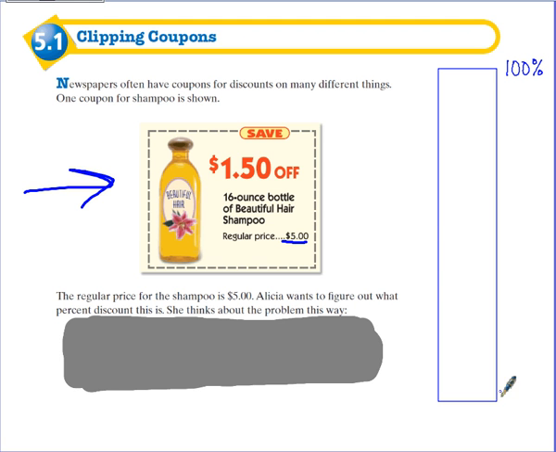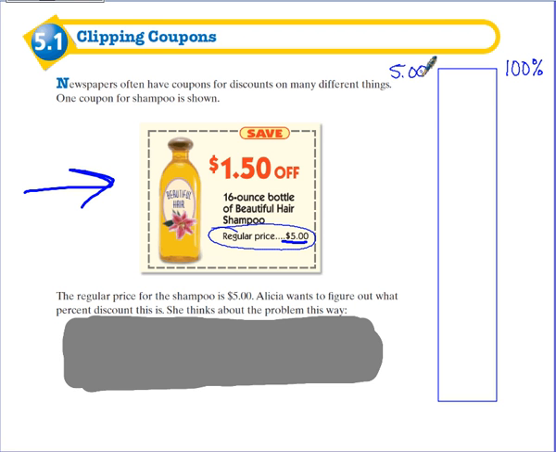Now, I'm not really going to label my 0% because 0% really isn't that useful right now. 0% is going to be 0, so that doesn't really help me. We already know that. What is my 100% dollar amount? Yes, that'd be my regular price, the price before any savings, $5.